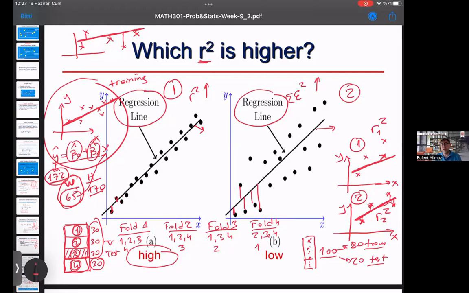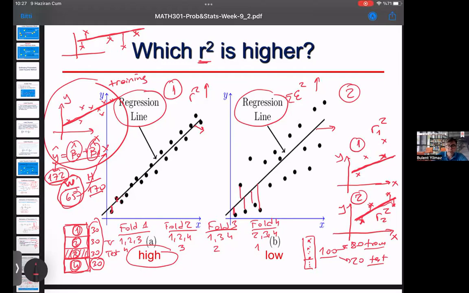If you want to do it once more, choose another 80 random samples, come up with another prediction equation, test at another randomly chosen 20 samples, and then comment on the errors and your R squared and so on.